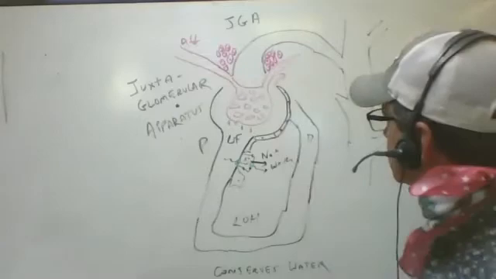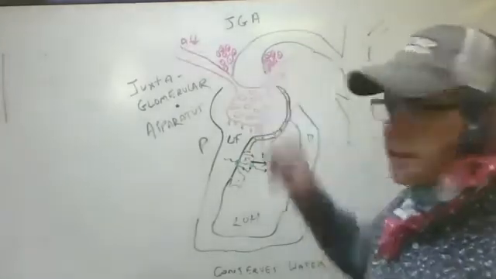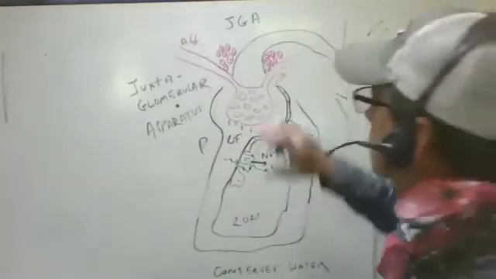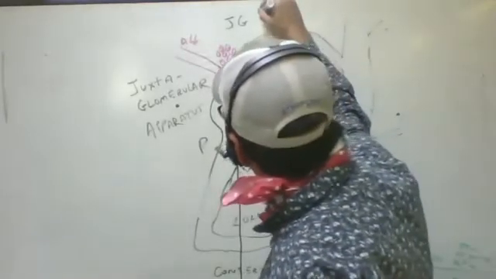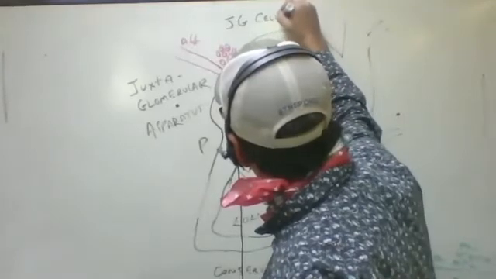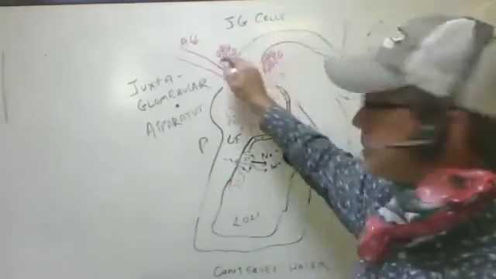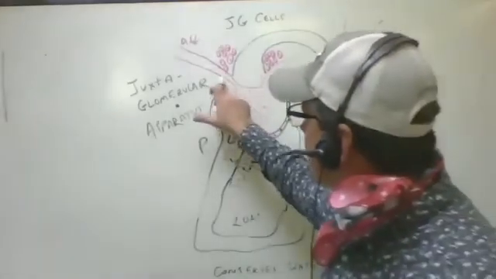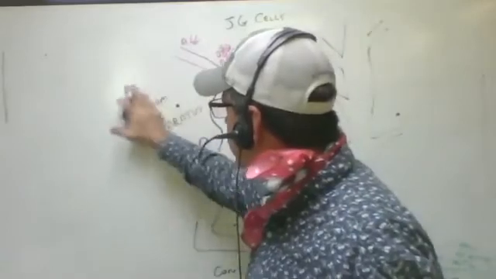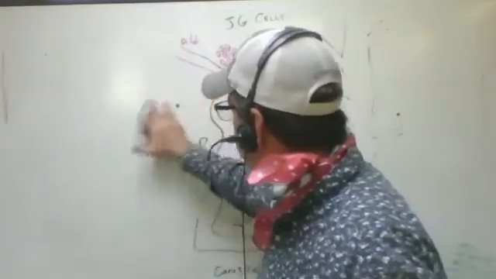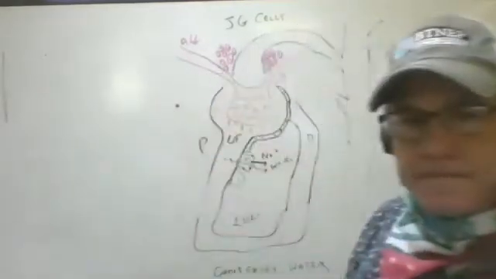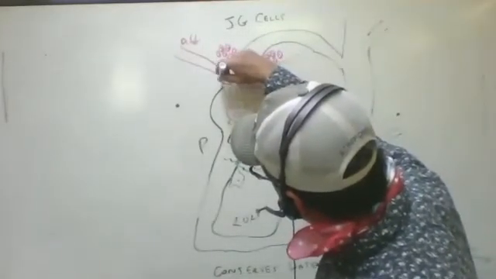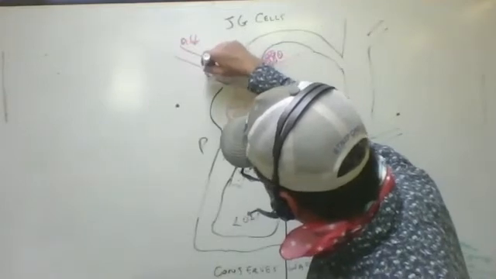So you've got these cells in the in-between area, and these cells are called the juxtaglomerular cells. Juxtaglomerular cells are around the outside. There's another group of cells on the outside of this afferent arteriole. They are modified smooth muscle cells. So I'm going to put them right here, right around the cells of the capillary.